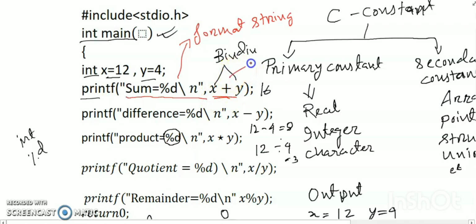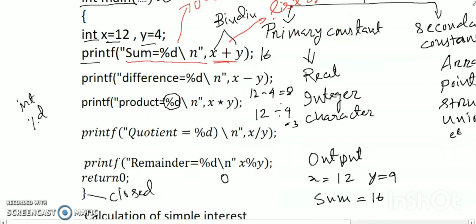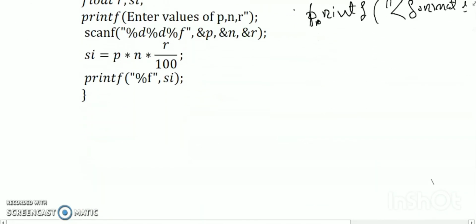In the case of the printf function in stdio.h, I have already told that the first is the format string and the second is the list of variables.